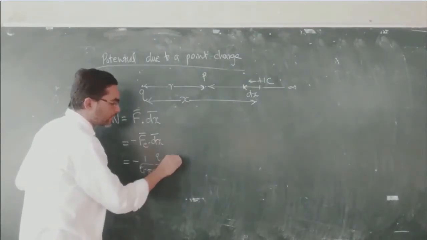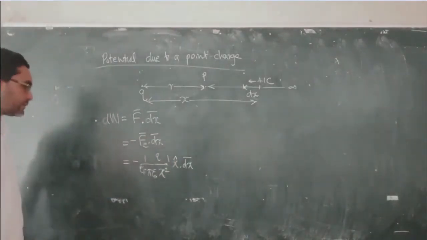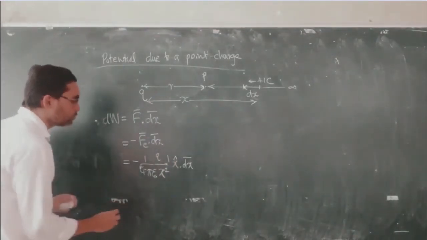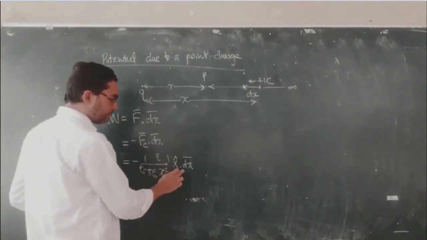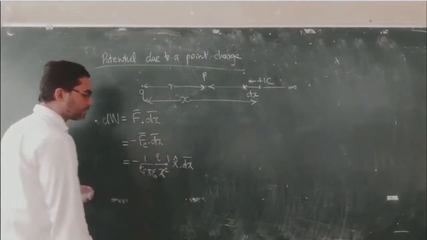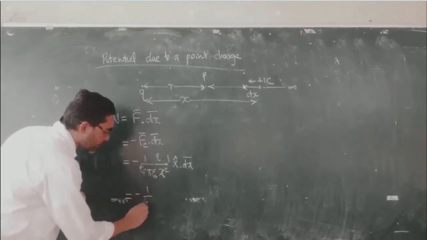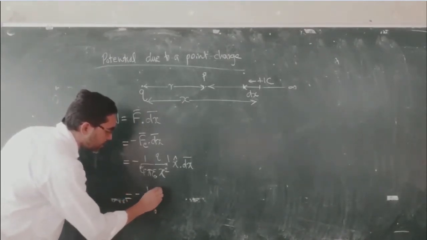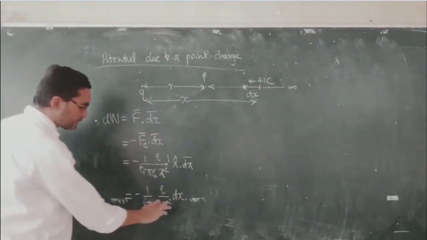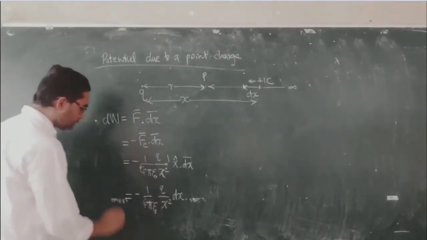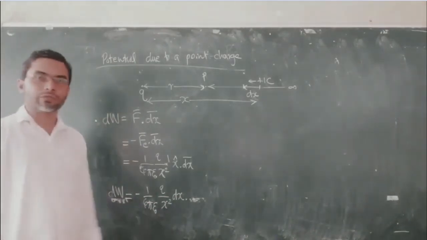The electric field is along the direction of x cap, dot dx. x cap dot dx will be equal to dx, because the unit vector along dx is also x cap. So this is equal to minus 1/4 pi epsilon 0 q by x square into dx. This is the amount of work done to move the +1 coulomb charge through an elementary length dx.